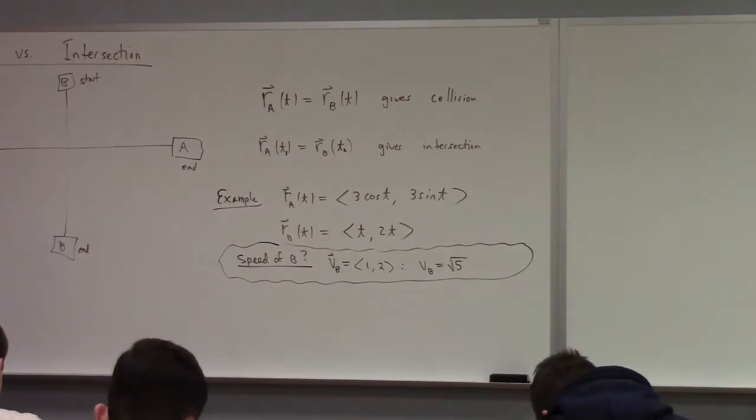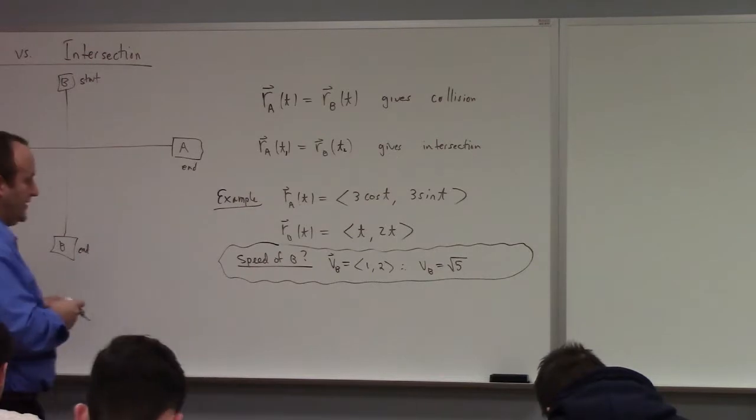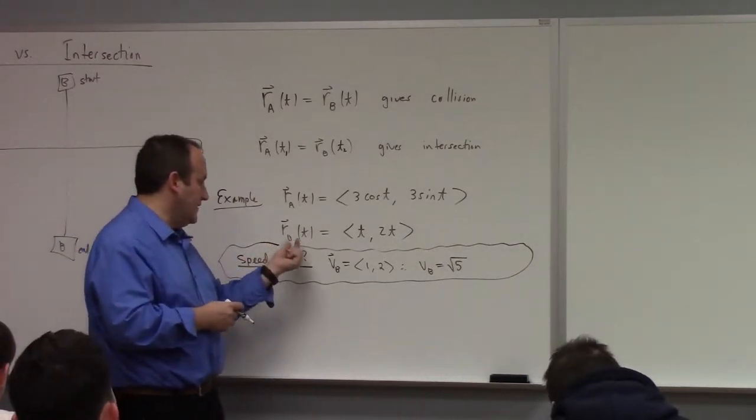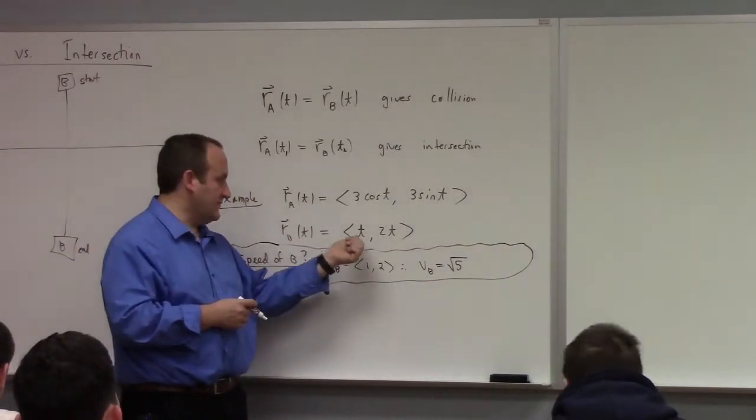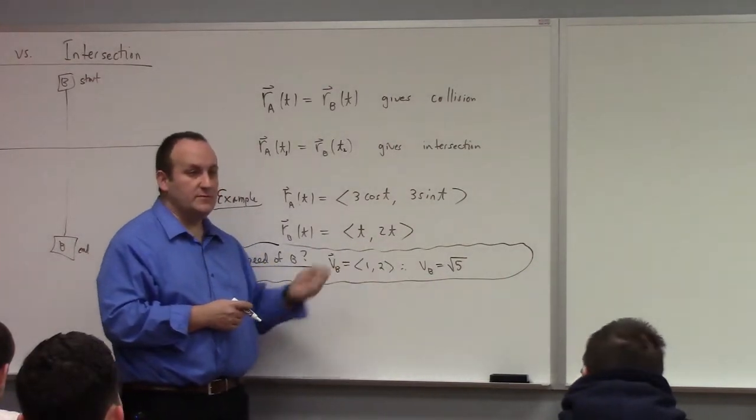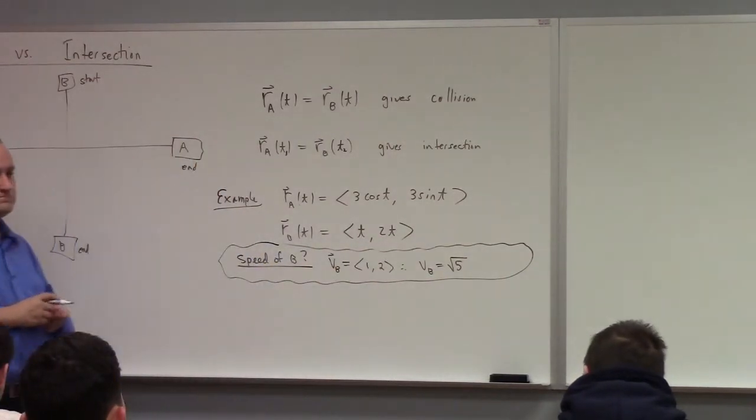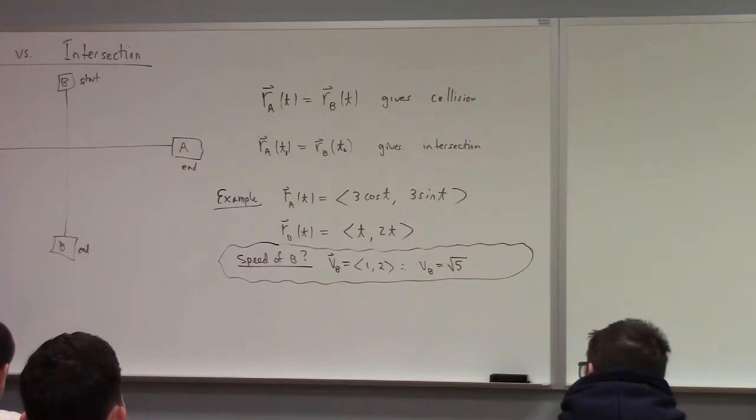Maybe people who study tectonics or something. I don't know. Yes? No, I used calculus. I just differentiated. v_B is dr_B/dt, so the derivative of t is 1, the derivative of 2t is 2. So that's the length of the vector (1, 2). It's the square root of 1 squared plus 2 squared.